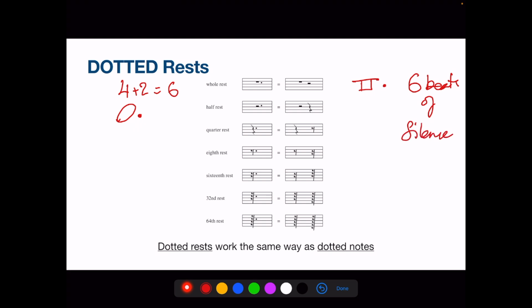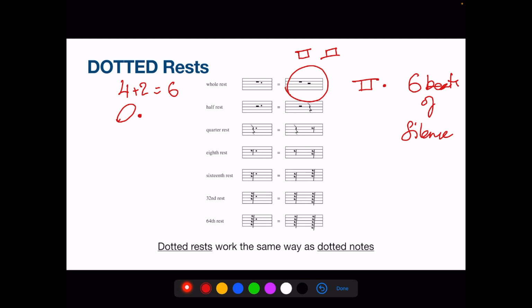Okay, and we can also write it this way, where we have 4 beats and 2 beats. One thing you have to note is that we don't really use ties for rests. Ties are only for notes, but for rests we can still combine different kinds of rests to indicate that we want a certain length of silence.